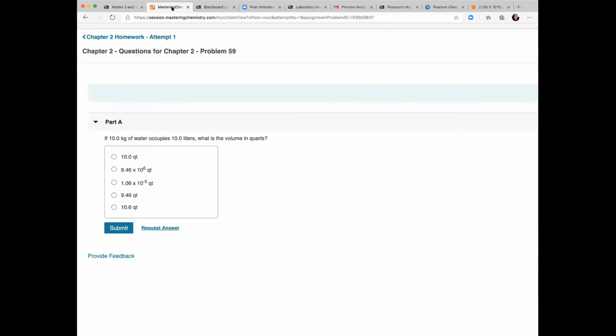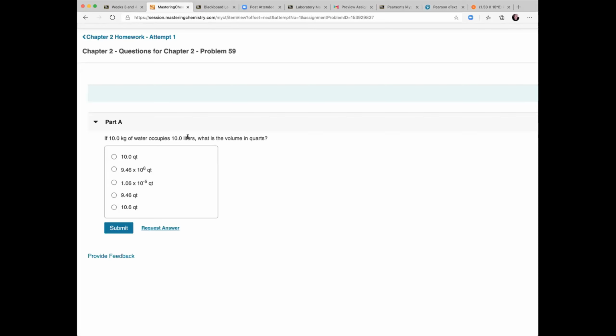So the first problem in the homework asks you to convert kilograms of water to liters of water. Oh, wait a minute. No, that's not true. It's stating that 10 kilograms of water occupies a volume of 10 liters of water. So this is basically a statement that is trying to distract you because it's not the question.